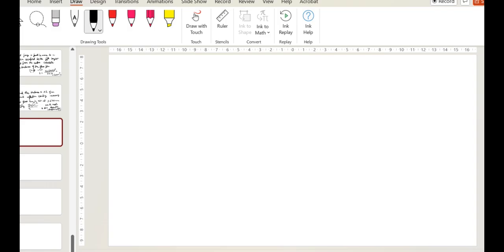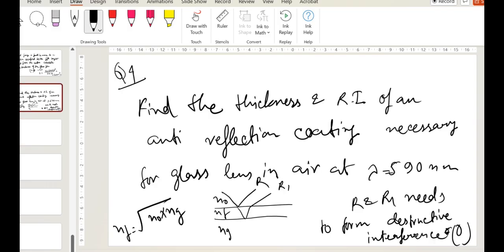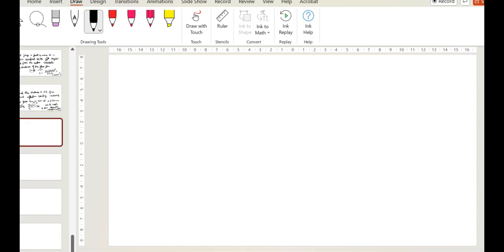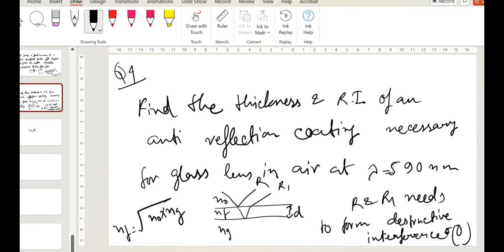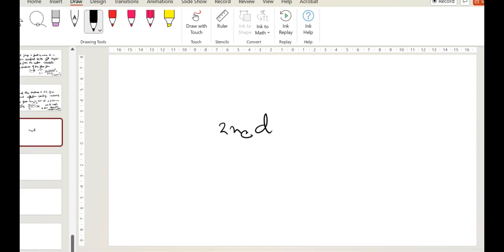And also the thickness d can be measured from 2n d equal to lambda by 2, so d should be lambda by 4n.